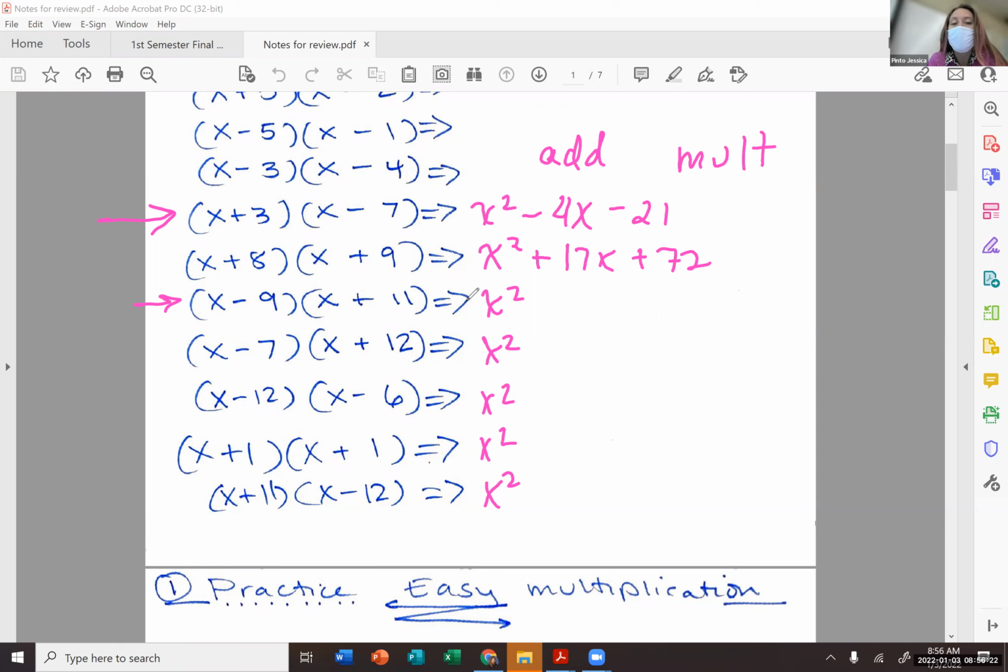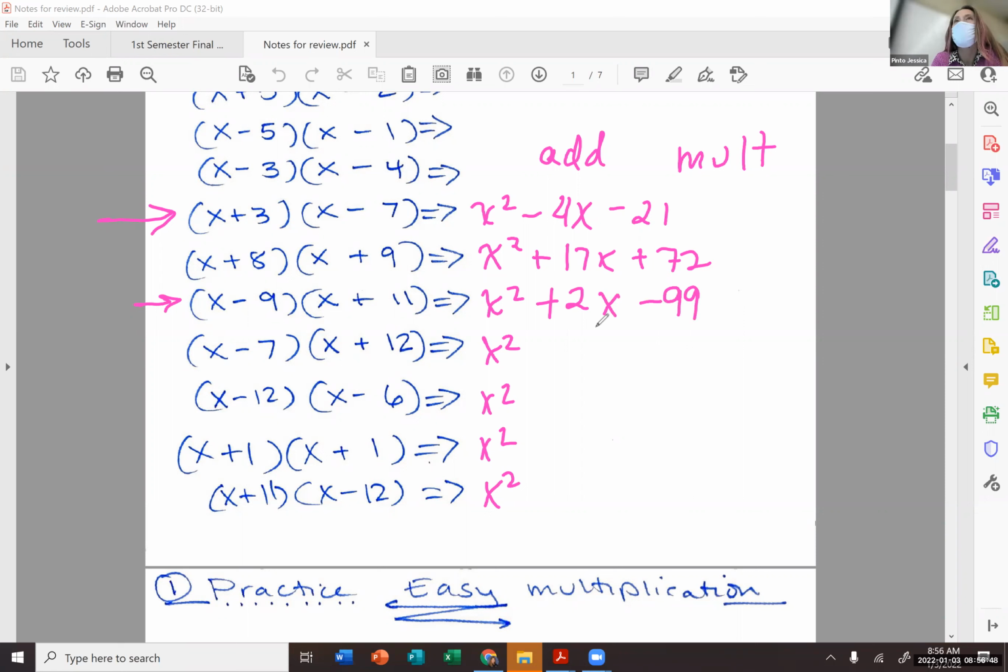So the -99 is correct, but the next step is to add. So it'd be x squared. The middle one would be... Okay, so I need to know positive or negative, just to be really clear. Positive or -2? +2. And then what letter comes? X. And then we have the -99.